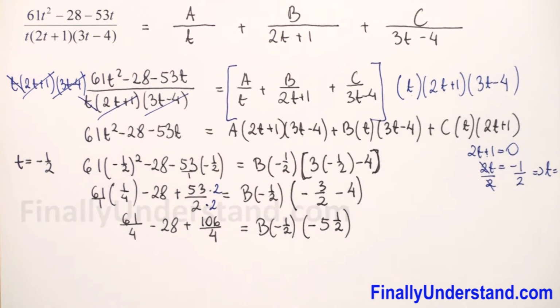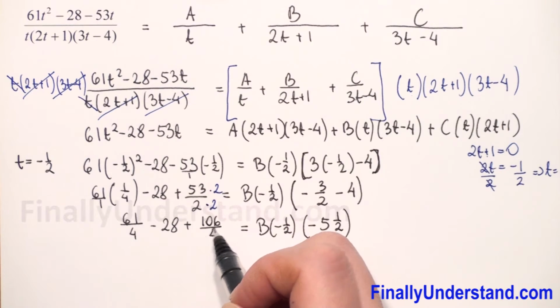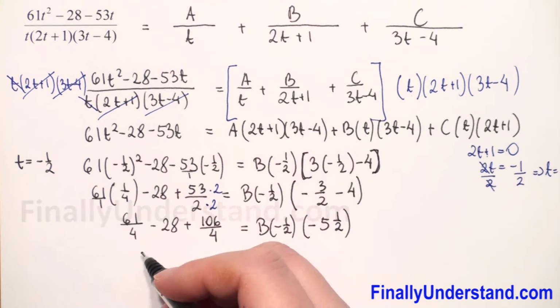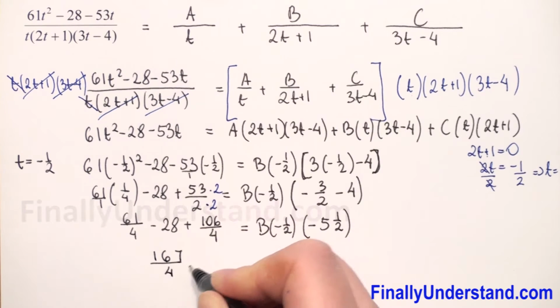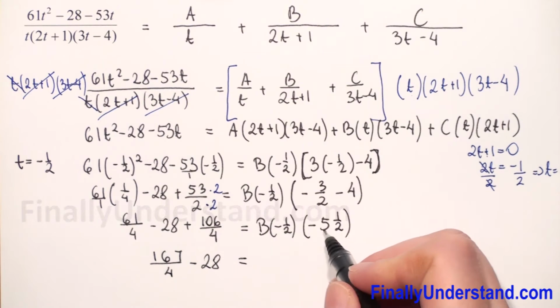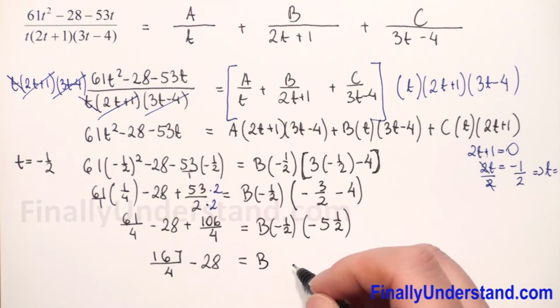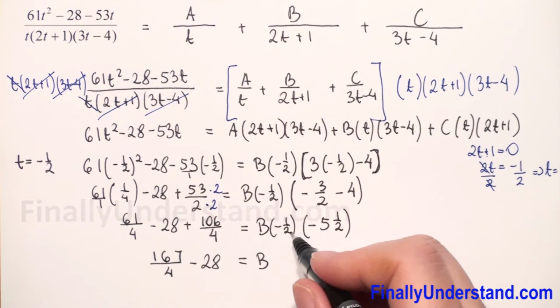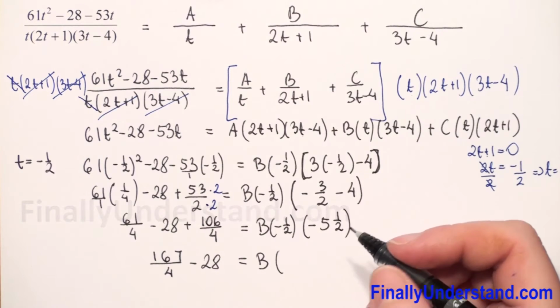And now like I said, we can add these two fractions. 61 plus 106, because we have the same denominators, will be 167 over 4 minus 28. This is equal. Negative times negative give me positive, and because we have fractions, first fraction, and we have multiplication. Like I said, we have negative times negative will be positive. I don't have to write.